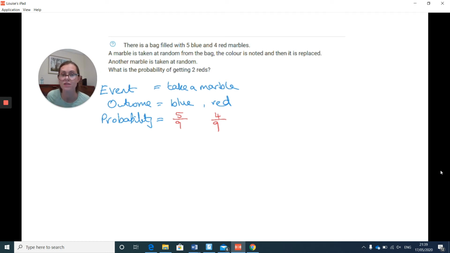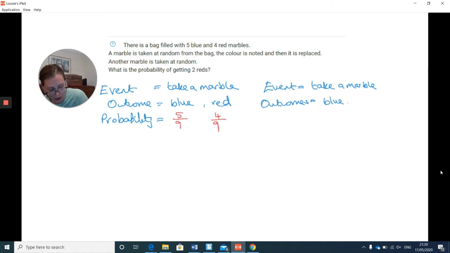So what happens next? Well, the colour is noted and is put back in the bag, and another marble is taken at random. So my second event is actually identical to the first. I take a marble. What are my possible outcomes? Well, again, I could get blue, I could get red, and what are the associated probabilities?